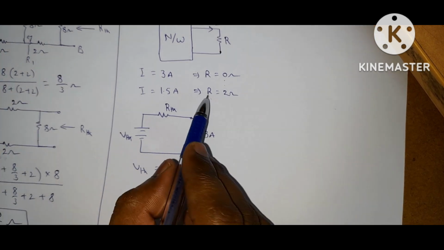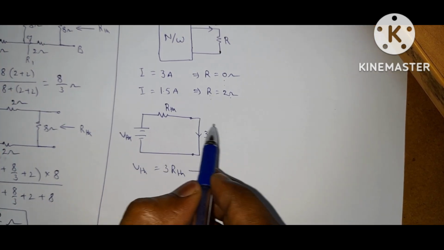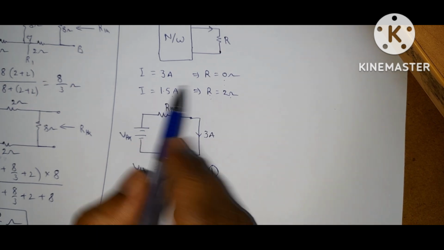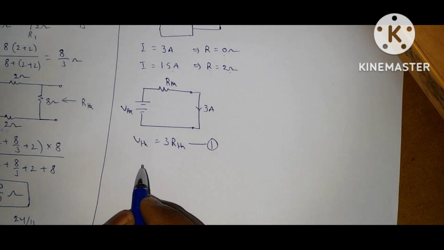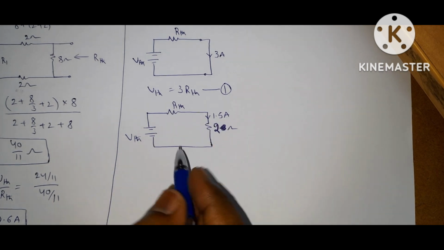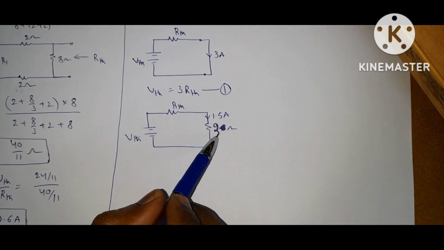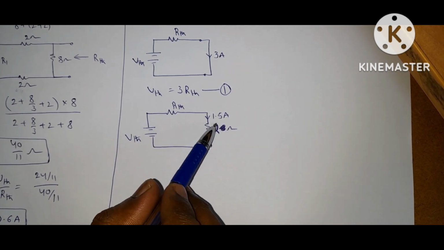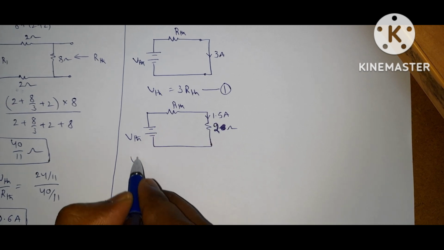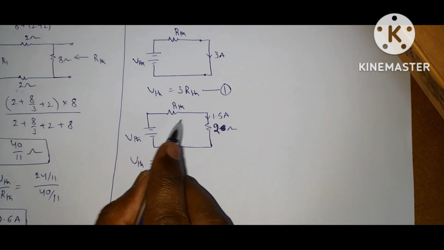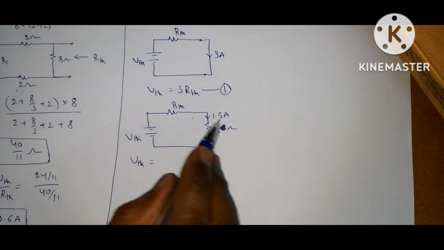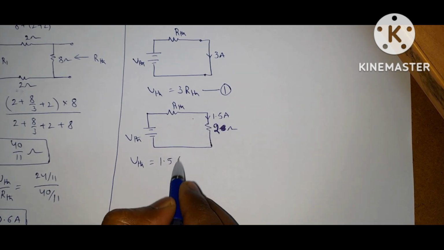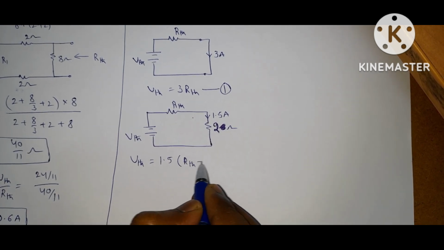Now if R equals 2 ohms, then what is the current? 1.5 amps. Now redraw the circuit. So this is the circuit. If R equals 2 ohms, the current flowing through R is 1.5 amps. So what is V Thevenin now? The 2 resistors are connected in series, so the total current is 1.5 amps.